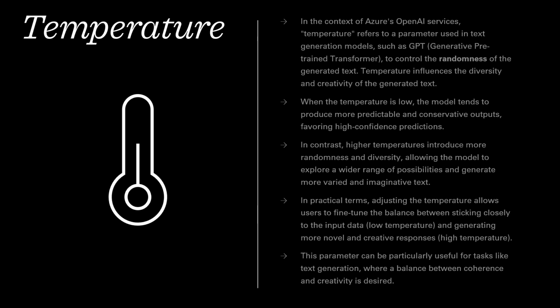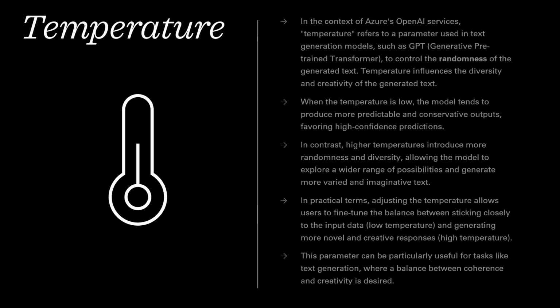It might not give me different answers when I say which is the largest population in the world, but it might go ahead and give me a different answer if I just ask it, which is the brightest color, something like that. So if you want to have a precise answer, you need to set the temperature to low. In that way, the model will tend to produce more predictable and conservative outputs favoring high confidence, right?